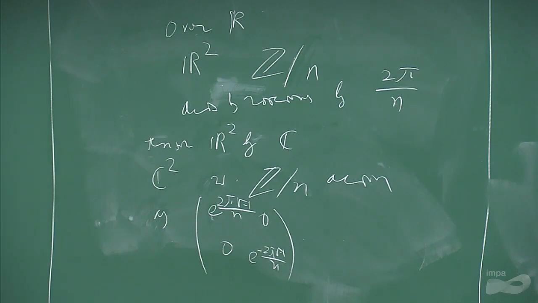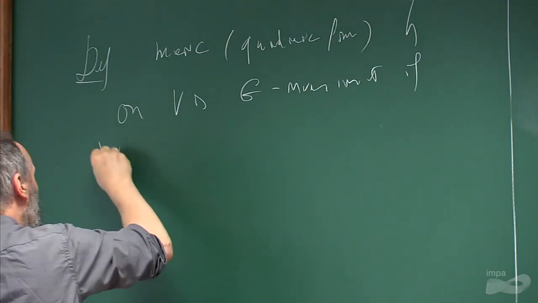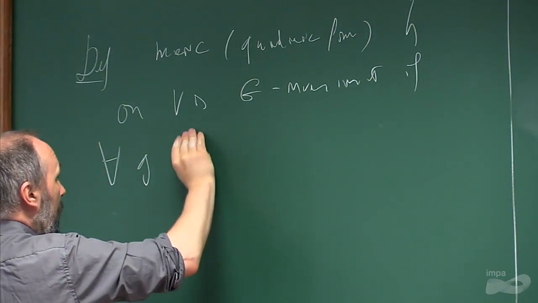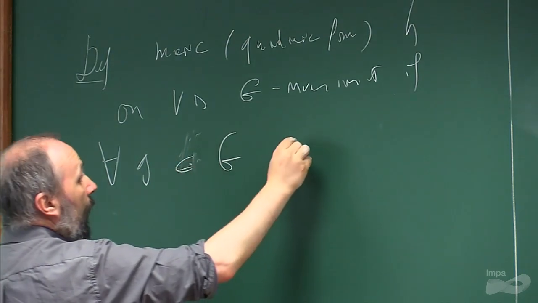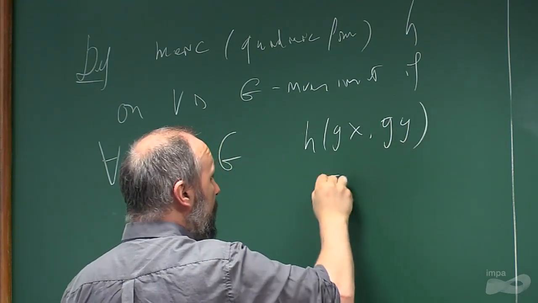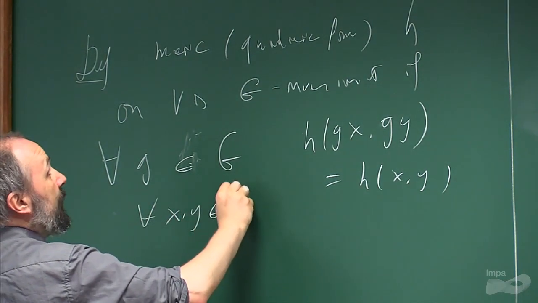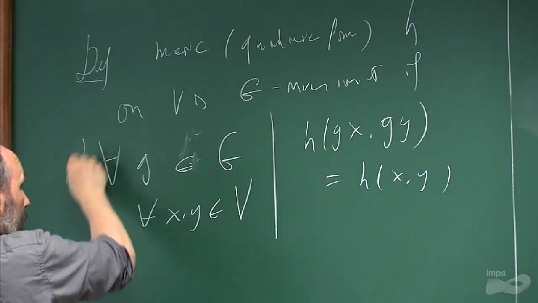On the other hand, you can just say the definition: a metric, a quadratic form h on V is G-invariant, let's call it invariant, if for all g inside your group G, h(gx, gy) is equal to h(x, y), and for all x and y inside the vector space V. For all of this, you have this.